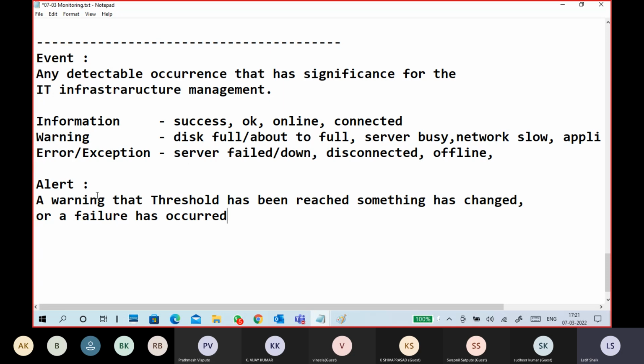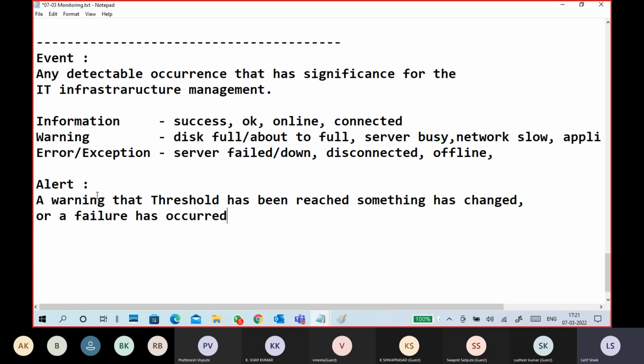Even if you are a developer, you should know what is going on, what errors it is showing, and what errors you have to fix. So everything is a single point. What I'm trying to say is that for events and alerts, we must know the definitions, guys.